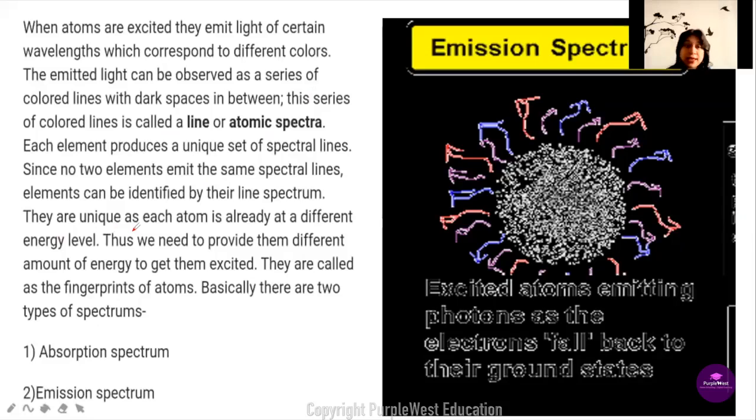Hydrogen's line spectra will not match oxygen's atomic spectra. That is unique to hydrogen, and oxygen's is unique to oxygen only. In this way, we can distinguish hydrogen from oxygen and chlorine, and all the elements in the periodic table have their own line spectra.